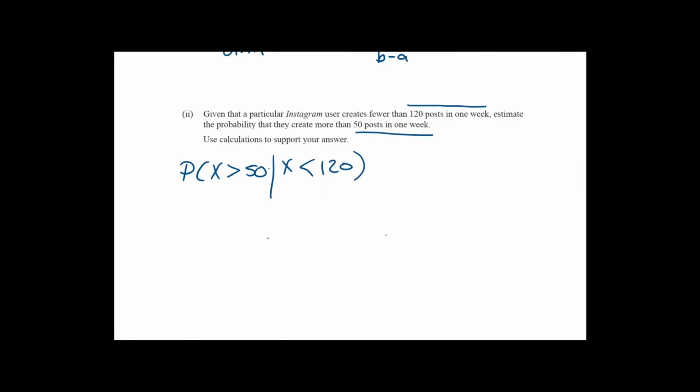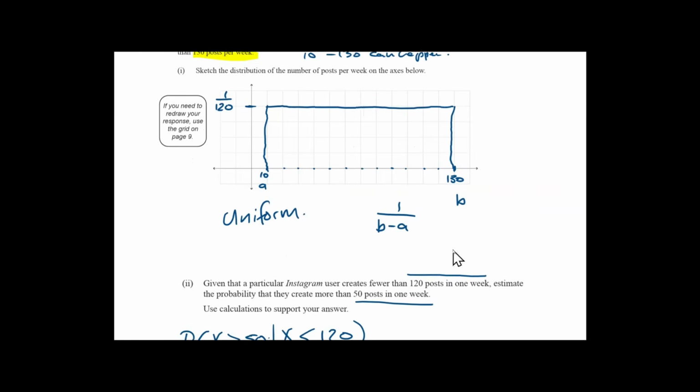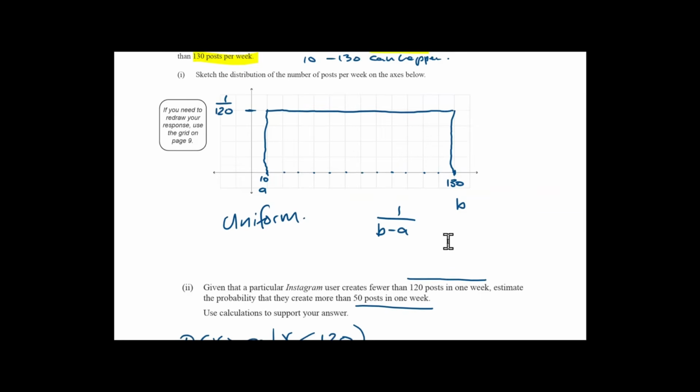Okay, so if we look at our model here, 120 is here. So effectively, we're going to cut this off here. So this is gone. And we want to know everywhere from 50 to 120. So 20, 30, 40, 50. So in other words, we want that area there.